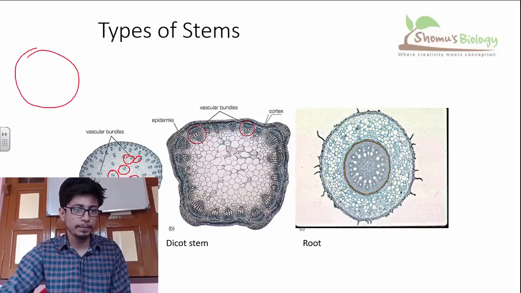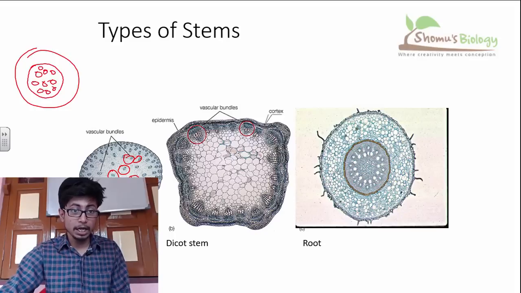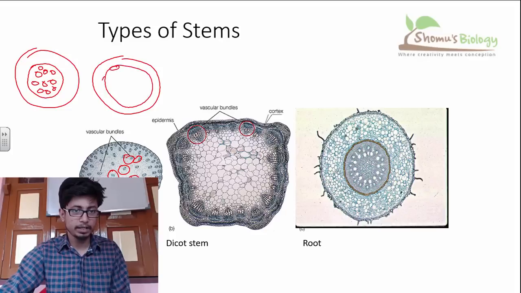If I draw a schematic, you'll see the epidermis, the cortical layer, and here are the scattered sections of the vascular bundle. But in the dicots, you'll see the vascular bundles surrounding a specific circle only. This is dicot and this is monocot.